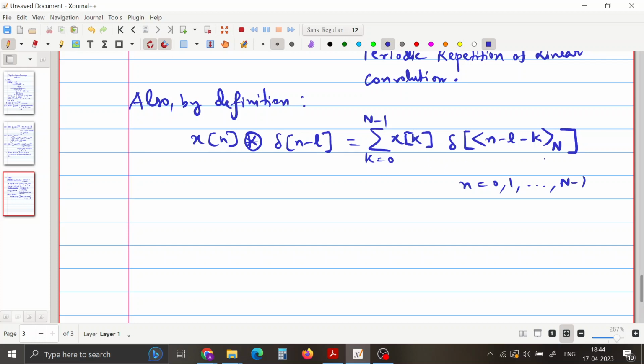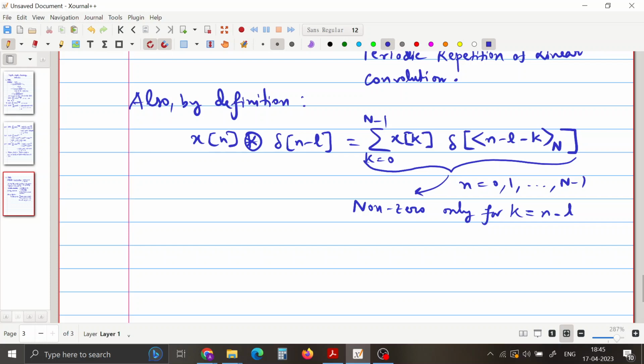And if you see this term here, this summation is non-zero only for k equals n minus l, because only then this impulse function will take the value 1, otherwise it is 0.